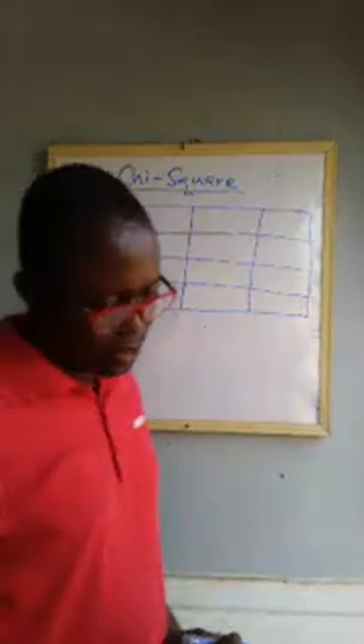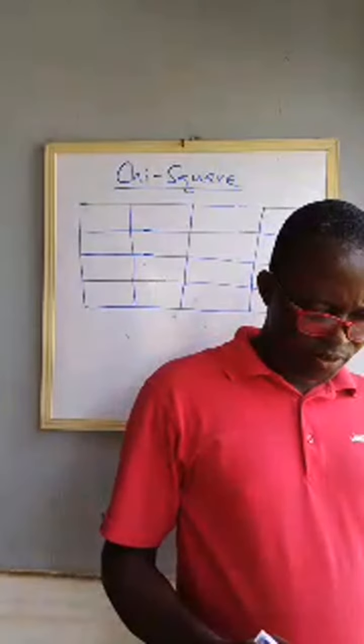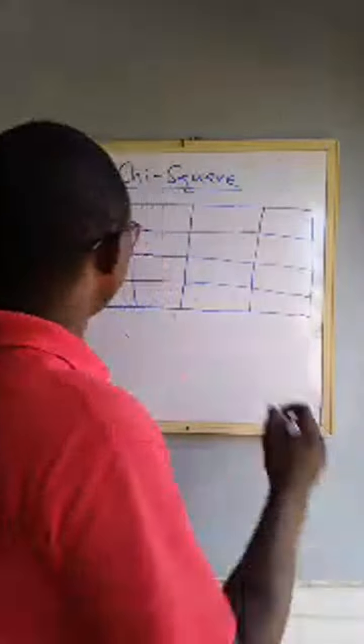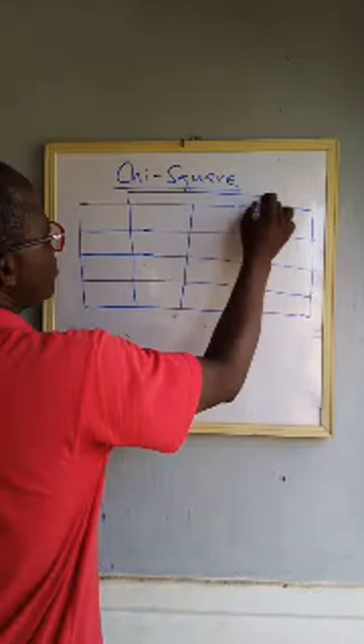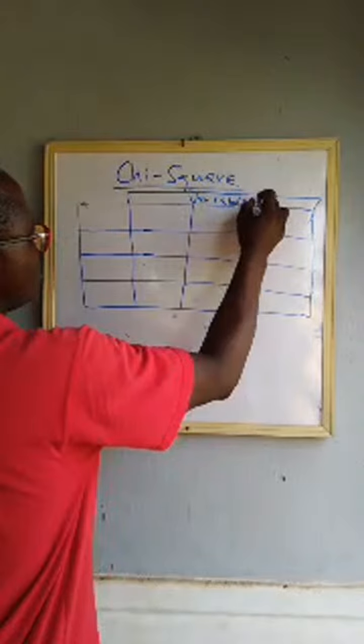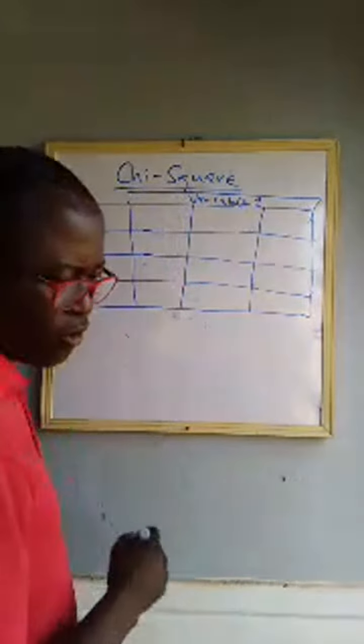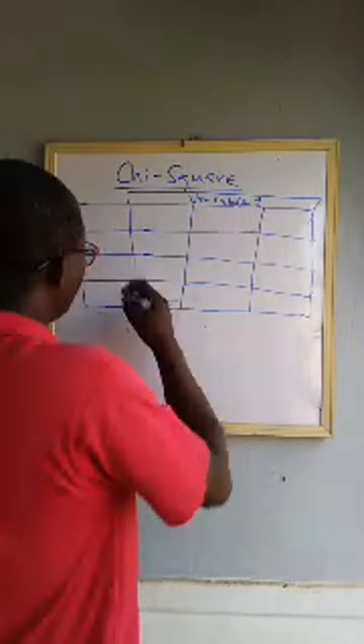So as it is now, we have variables and we have categories. This side is for one variable, variable 1, and this side down is for variable 2.